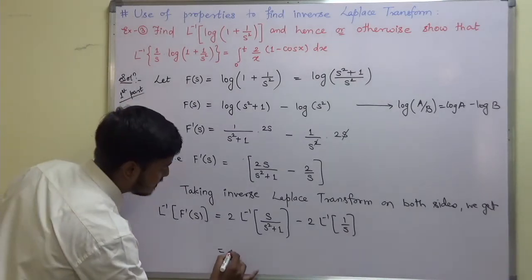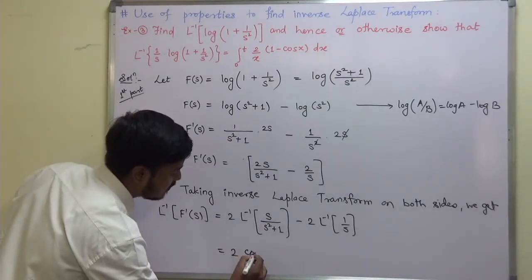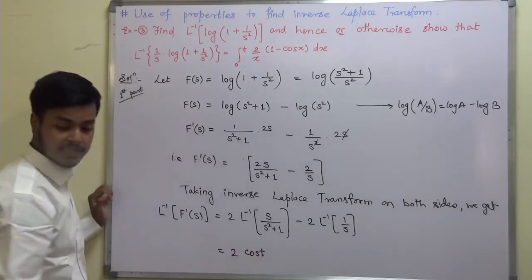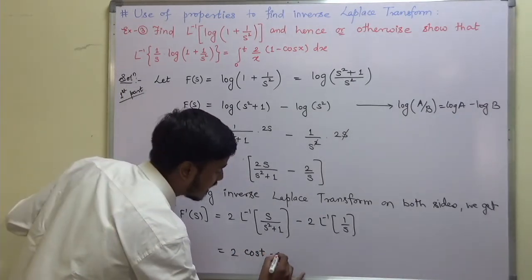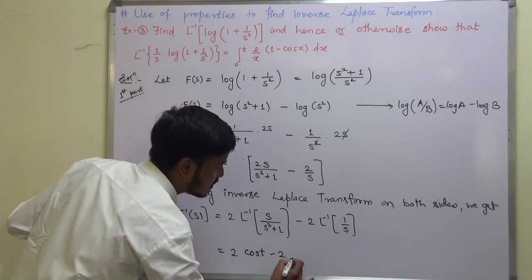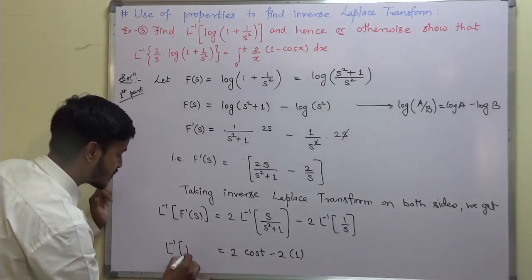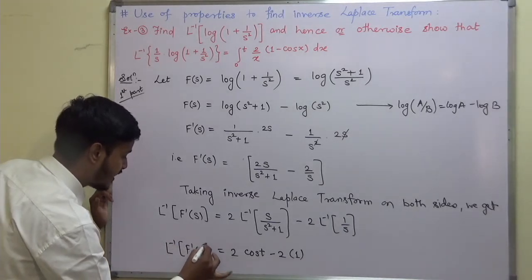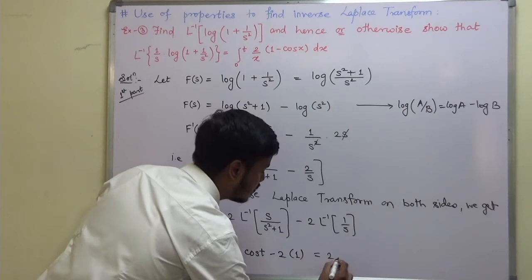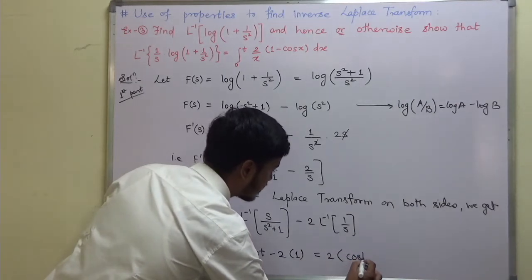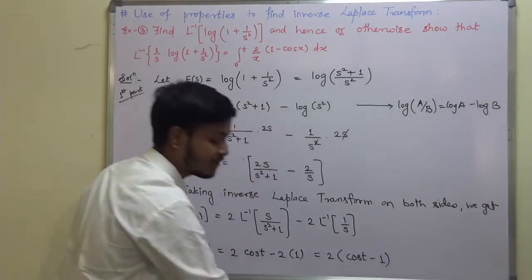This is the Laplace transform of cos t, and minus 2 times the inverse Laplace transform of 1 by s, which is 1. Simple. So I have L inverse of F dash of s to be 2 into (cos t minus 1).